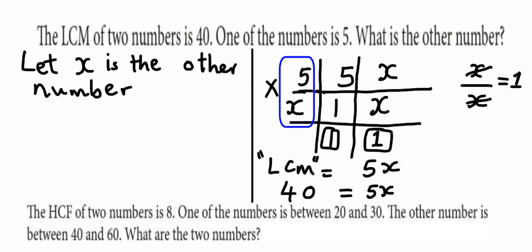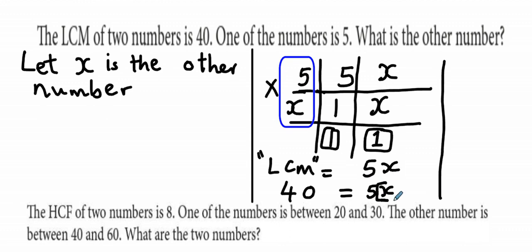Now, how do we find the value of x? Here we are trying to figure out the value of x. So we have 40 equals 5x. To find the value of x, you simply divide by 5 on both sides. This 5 will cancel.